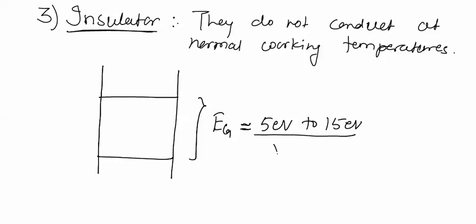This energy is very large as far as electrons are concerned, and this much energy is not possible to be supplied in order to make an electron free in case of insulator. So we can say that in insulator the forbidden energy band gap is very large, and this much energy cannot be supplied in order to move an electron from valence band to conduction band. Hence we can say that an insulator does not conduct.